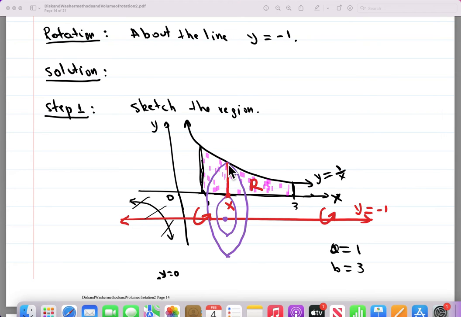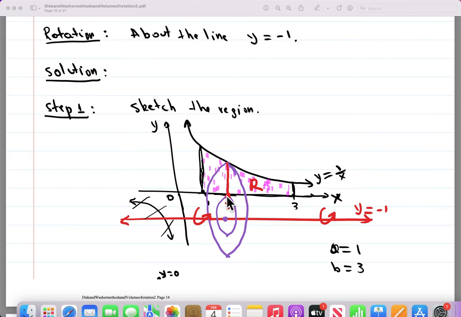So then we draw our cross-section line, okay, inside from one end of the region to the other end of the region, and it's going to be vertical. So because that's the slicing, this cross-section line is actually touching the x-axis at x. So we know everything must be expressed in terms of x.